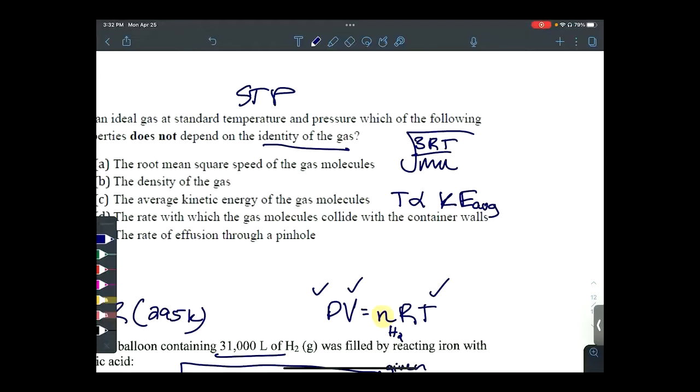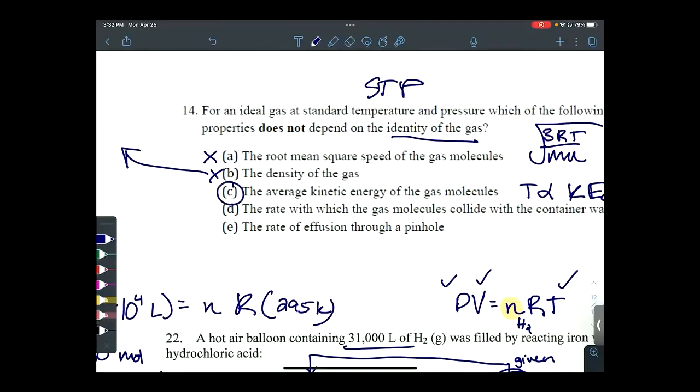No, it doesn't. So that one does not depend on the identity. But does the speed change for your sample? Yes, it does. Your average kinetic energy doesn't change if you change the sample, as long as the temperature stays the same. But if you change your sample, the individual speeds do change.